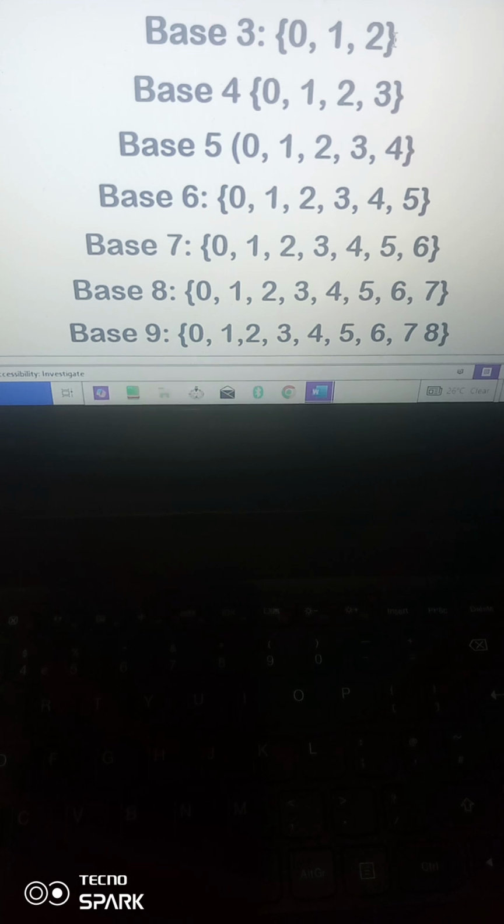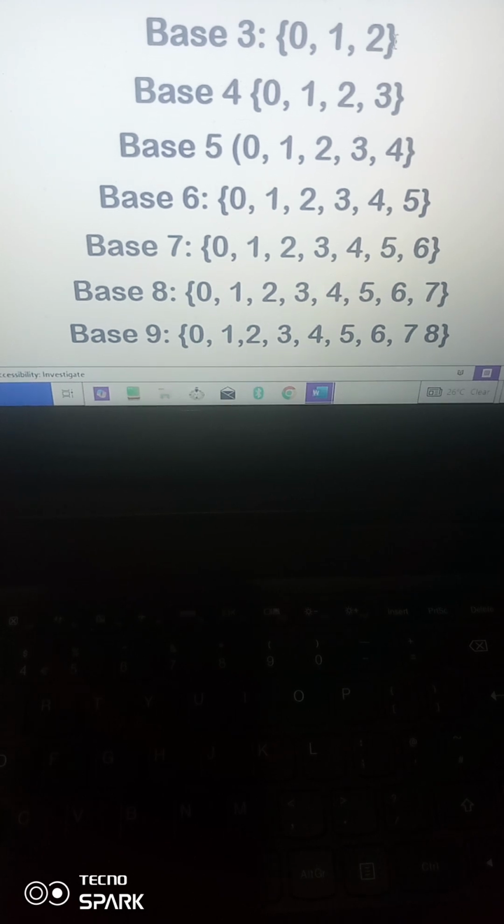For you to know number bases, you have to master the base representation. So like in that question, you discover that the only digits to find are 0 and 1. So you did not need calculation. What you need is just to tell them that the answer is base 2. And in some questions, when you are doing addition and subtraction, they will ask you in what number base it is done.